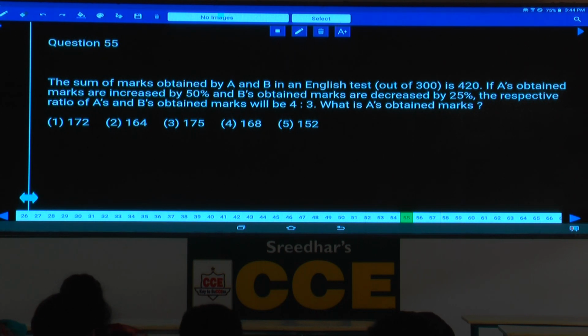The sum of marks obtained by A and B in an English test is 420 out of 300. If A's obtained marks are increased by 50% and B's marks are decreased by 25%, the respective ratio of obtained marks of A and B becomes 4:3. A's marks are?